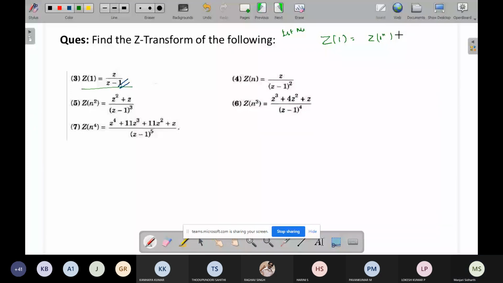Just hold for a minute. So using the a power n formula, z over z minus a, a is 1 here. Simple.